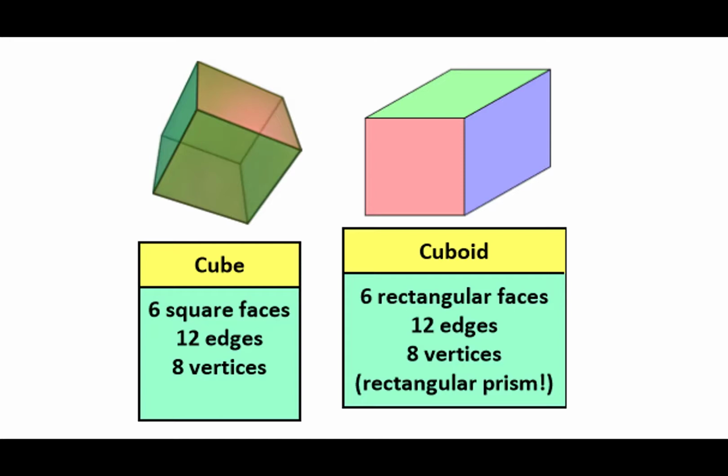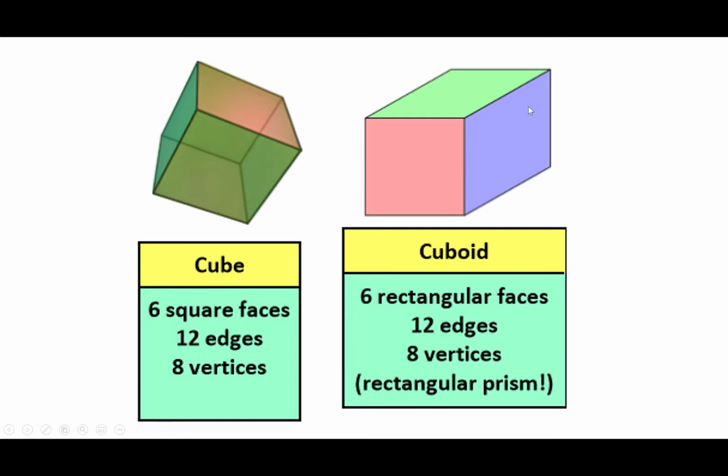Now under the cuboid, I have that it's also a rectangular prism, and that will make more sense when I move on to discussing what a prism is. But you can clearly see on the picture that the cuboid is not the same size all the way along. It has one square face here.